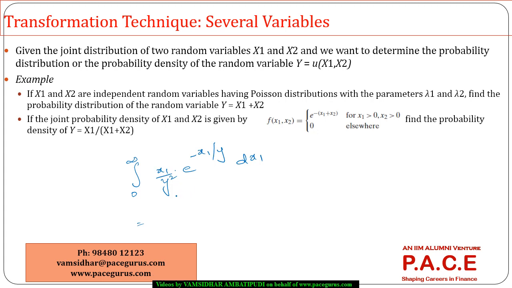So if I try x1 by y squared, I take out 1 by y squared, x1 e to the power of minus x1 by y.